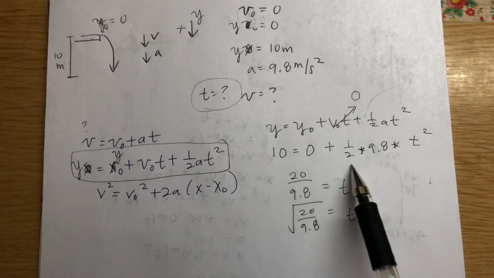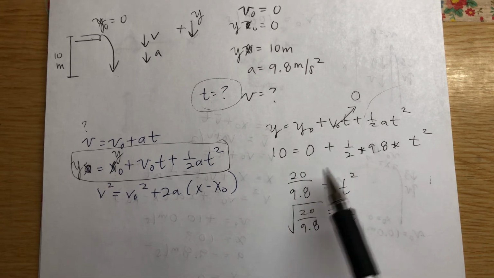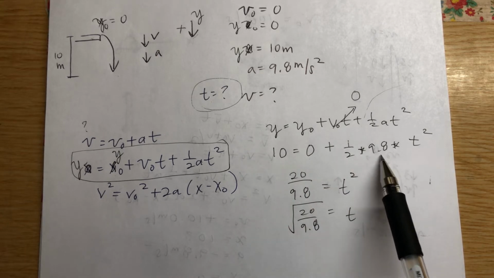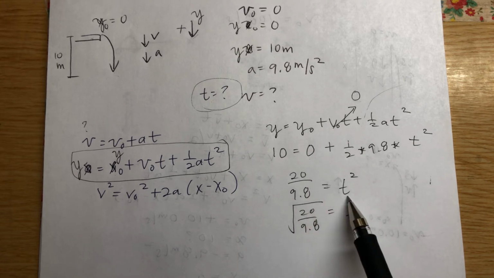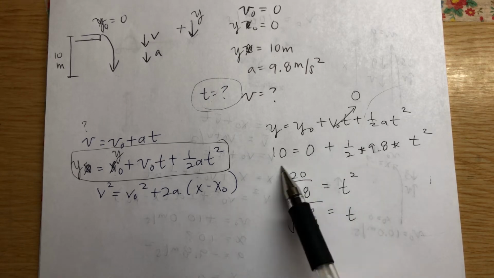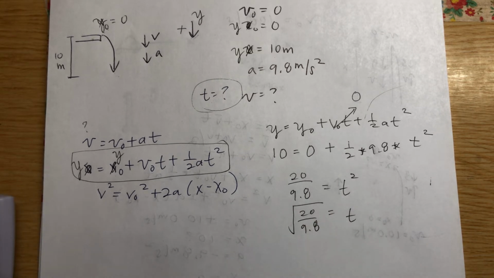Now it's just algebra, so we're going to multiply the 2 over, so 20, and divide by 9.8. So 20 divided by 9.8 equals t squared, and then square root both sides. So t equals the square root of 20 divided by 9.8. Put that in your calculator.